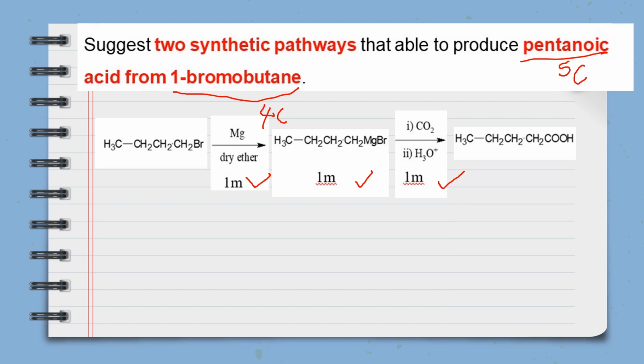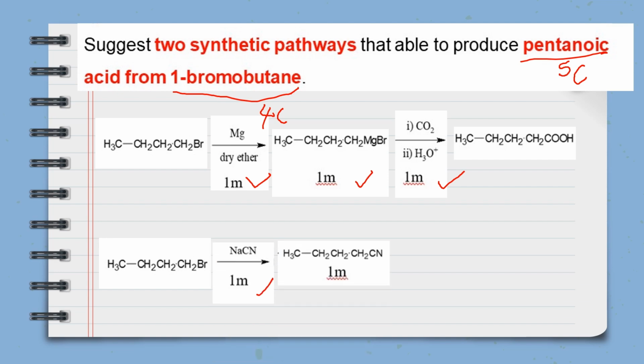The second method: the haloalkane reacts with sodium cyanide, 1 mark, to produce a nitrile compound, another 1 mark. Then this nitrile compound is hydrolyzed, another 1 mark, to produce pentanoic acid. So the total mark here is 6.